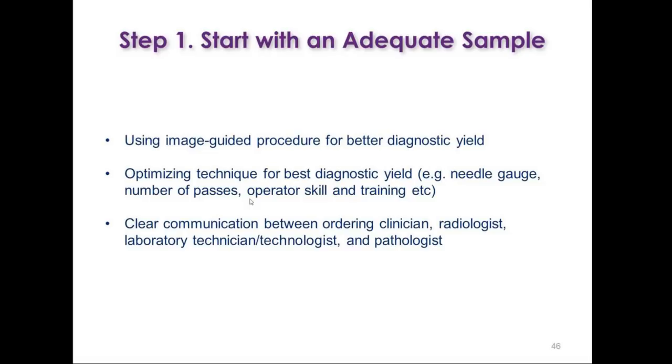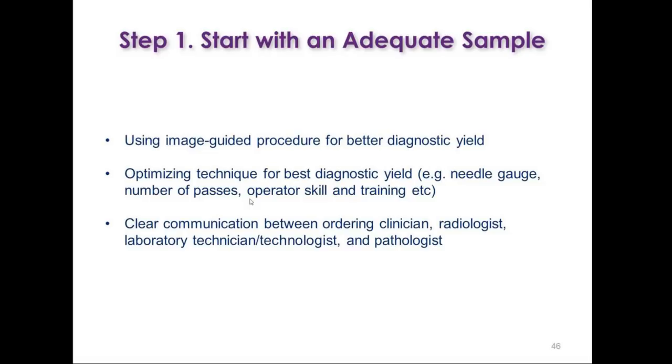And it doesn't necessarily mean that doing more passes will get you a better sample, because sometimes maybe after the third pass, all you're getting is blood and you're just diluting the sample. So it's of critical importance that the person doing the procedure knows the best way to get a sample. This may often be specific to the lesion type and where the tumor is located, and they will have to optimize and readjust so they can get you a better sample.